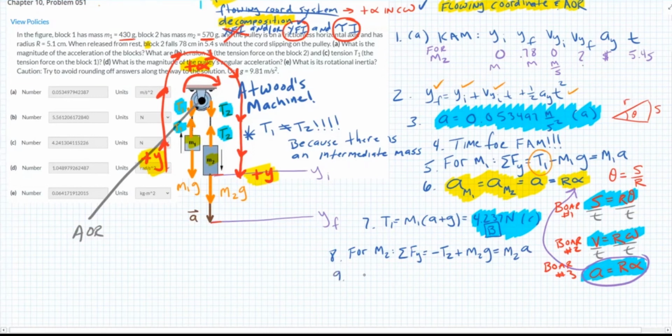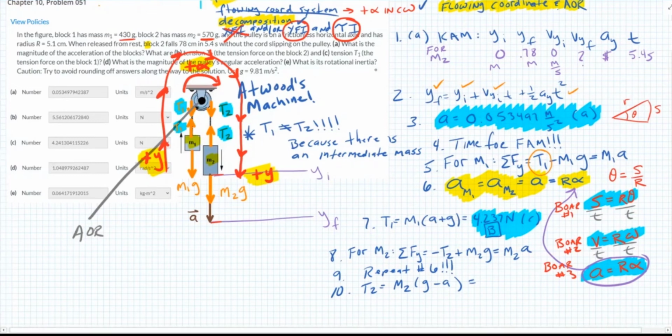Say something about acceleration. Repeat number 6. Okay, so I have my statement about acceleration. Then I'm going to say T2 equals M2 times G minus A. Oh, here's the difference.